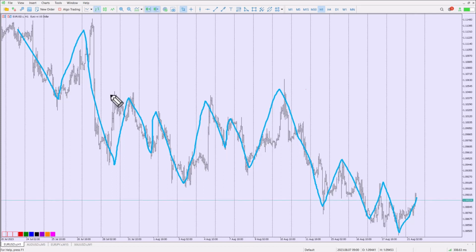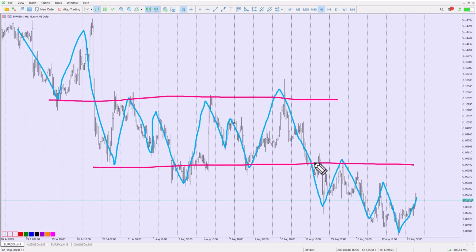Now, this is the place where I said we have this sideways market. And at this point, the price breaks the bottom and then goes down, comes back up, and starts falling down. What we want to do is draw this trend line here, and then we decide about the support and resistance lines. That's all we want to do.